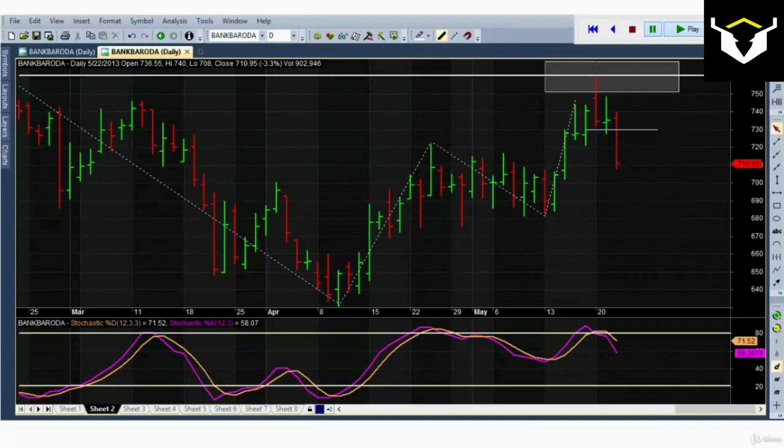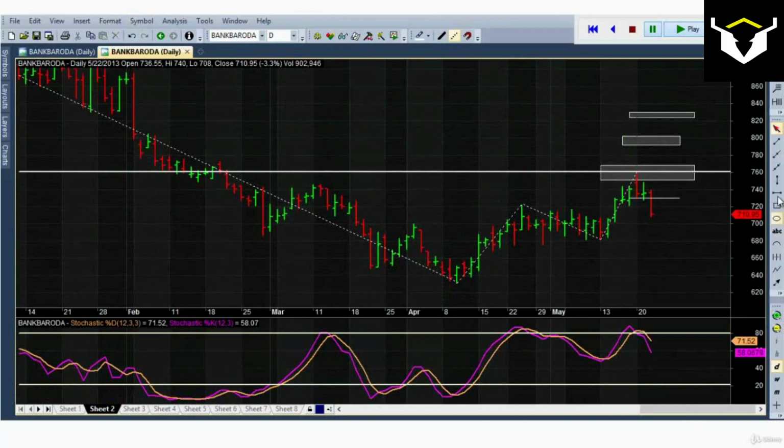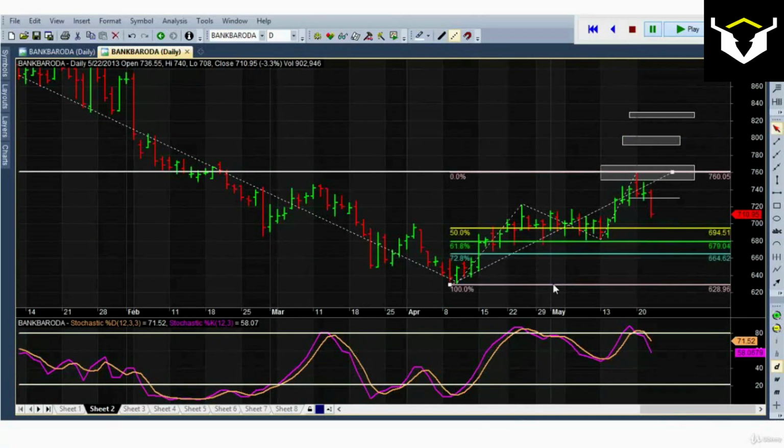So we are back to our Bank of Baroda chart, and as of the last bar, a sell short entry is made into the trade. Since it is an ABC correction that we are trading, the profit target for this correction is 127% of the correction.